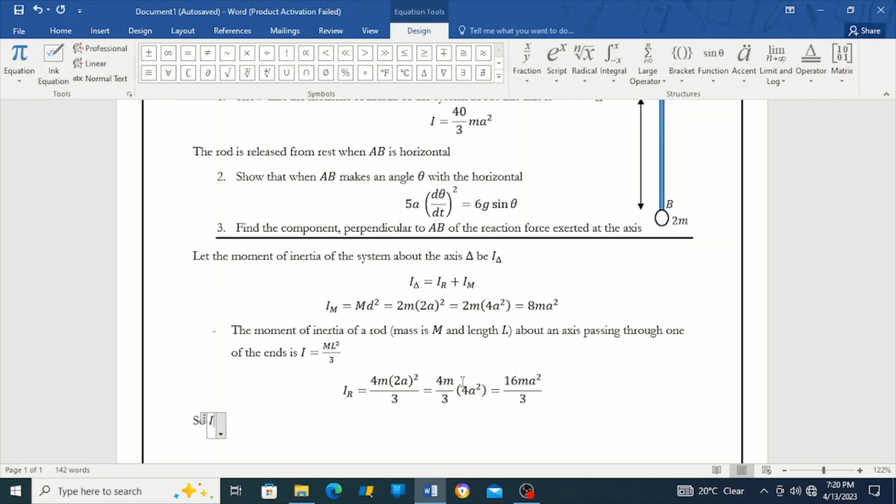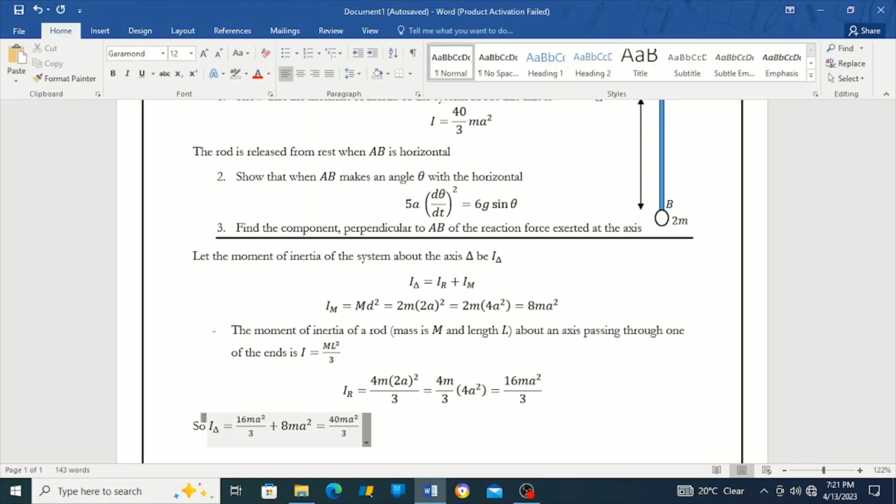So you can conclude that the moment of inertia of this system about the axis delta is 16ma squared on 3 plus 8ma squared. Doing this, you just get 40ma squared divided by 3, as required. So we are done with that.